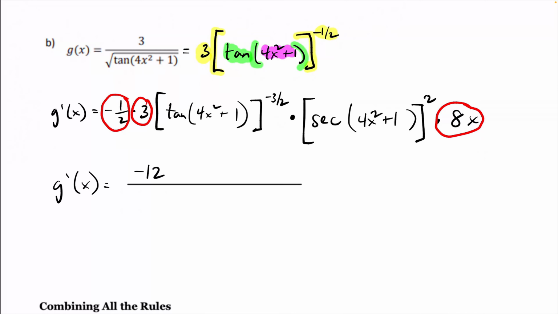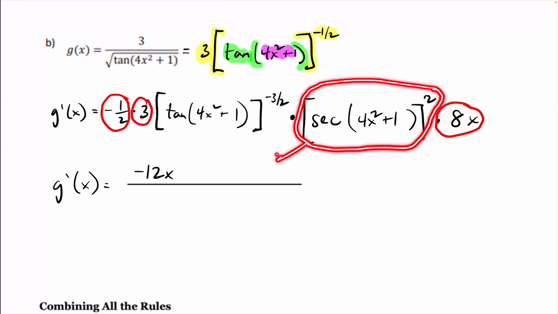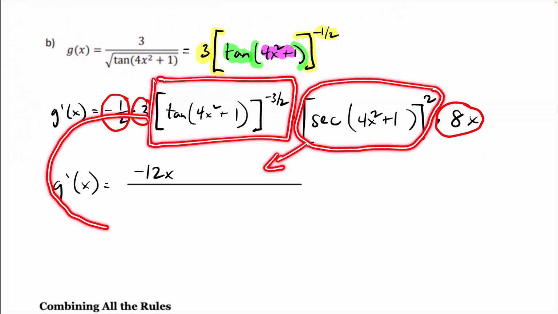So negative 12x. This guy has a positive exponent, squared, so it's just going to stay on top. This guy has a negative exponent, so it's going to go down here.